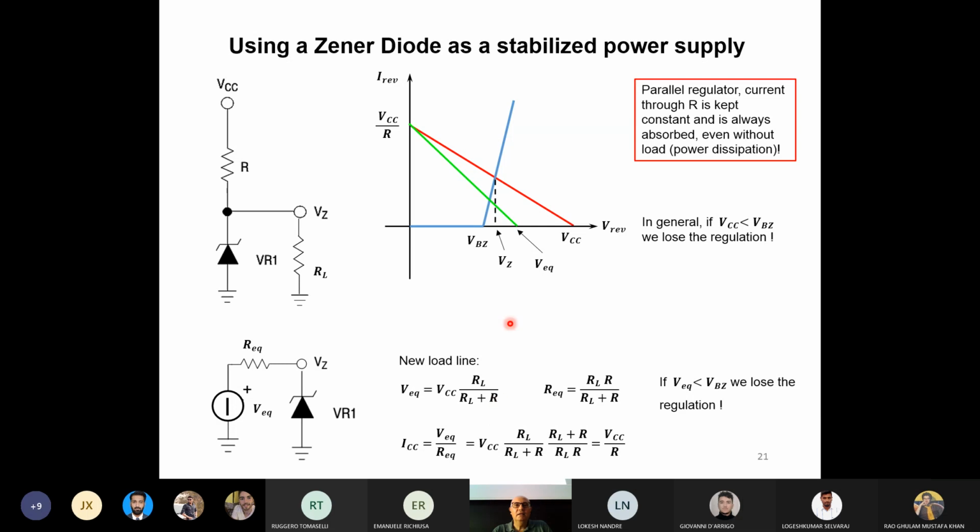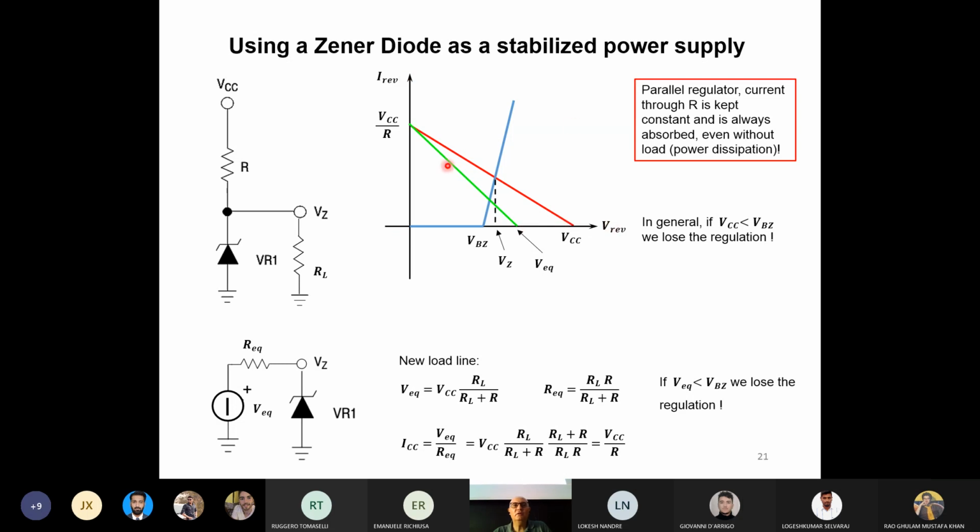Okay, that's the reason why I plotted again this circuit. It's exactly the same picture. We have VCC, the resistance R, which is the biasing resistance, and the Zener diode here. In this part, I did not put in evidence what is in the equivalent model. I just placed the Zener diode. Also, for my convenience, I rotated by 180 degrees the plot that we saw before.